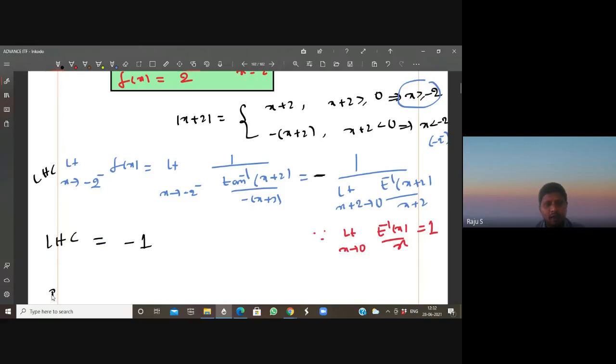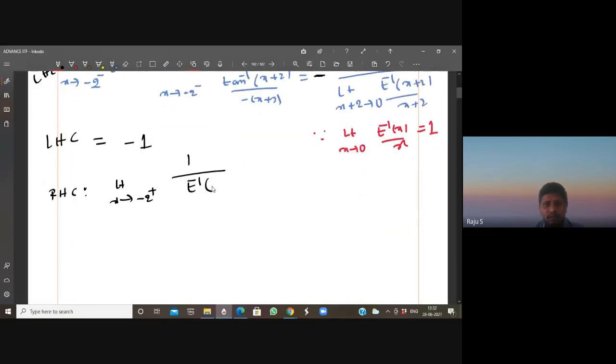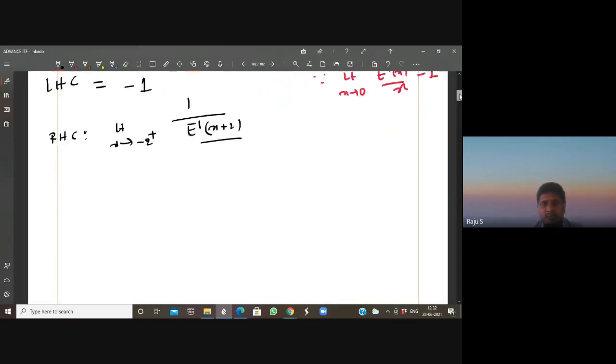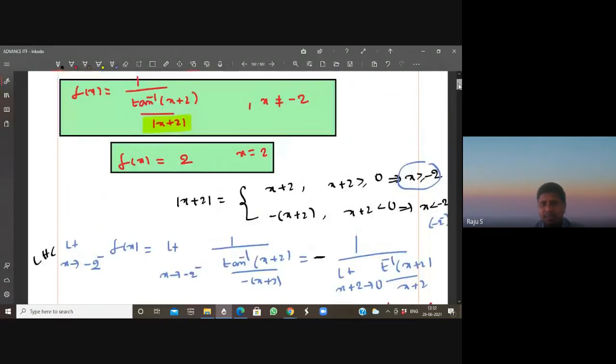The same way RHC, right hand continuity, means limit x tends to minus 2 plus, function value tan inverse of x plus 2 by modulus x plus 2. At minus 2 plus, what about the value of the modulus x plus 2? Plus or minus?